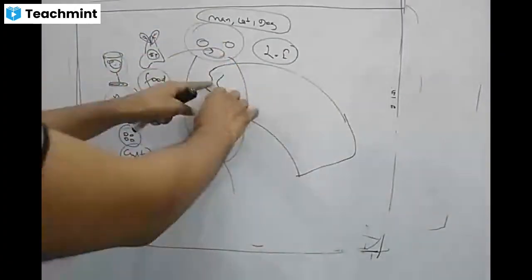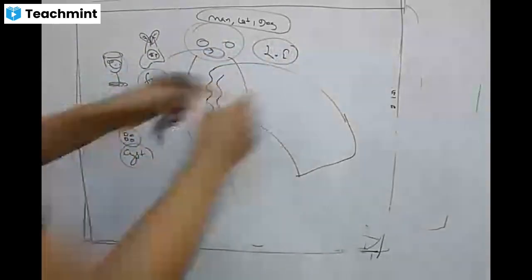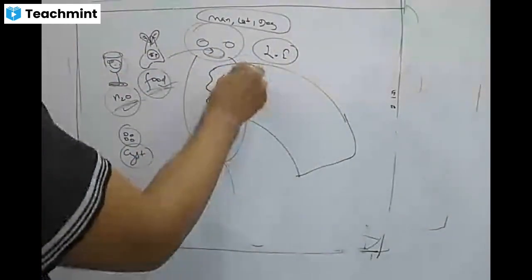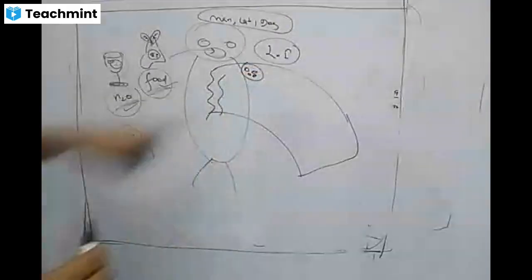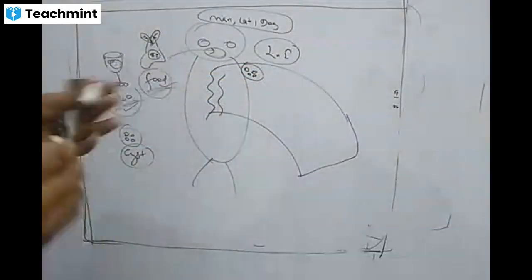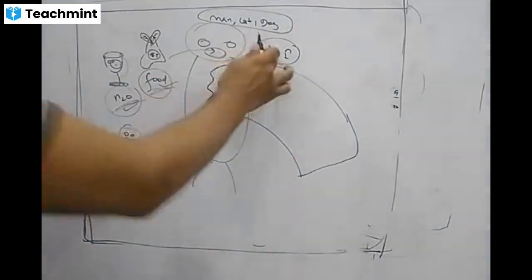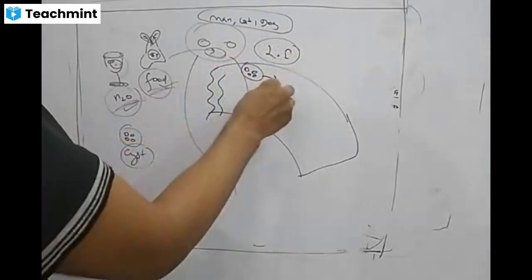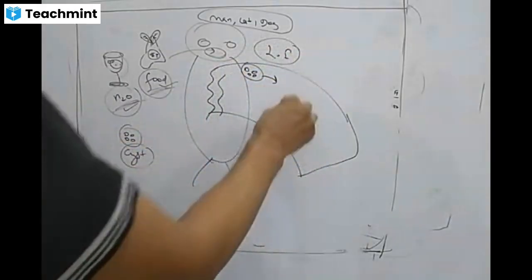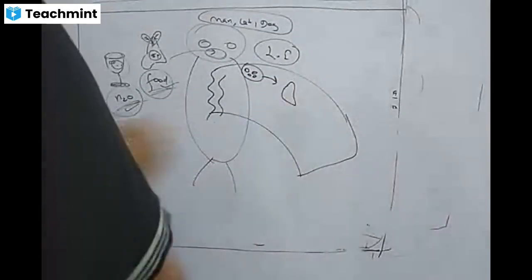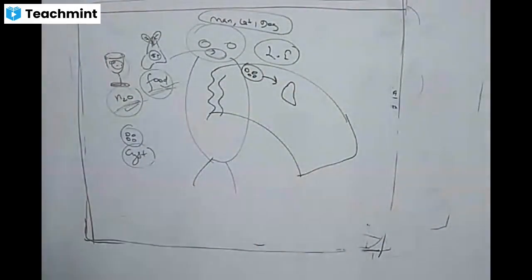So the mode of transmission, food, water, and the infective stage is cyst. Cyst enters and it will reach into the large intestine. So now we are here with our cyst having four nuclei. So quadrinucleate cyst was the infective stage. Then after reaching the large intestine, it will convert itself into one structure that is known as trophozoite.